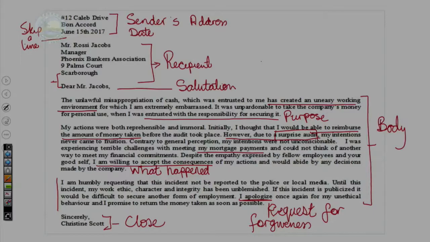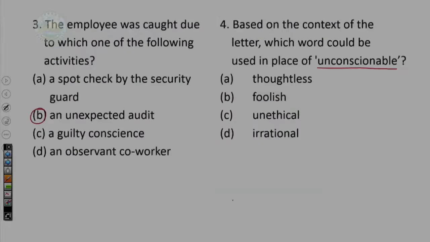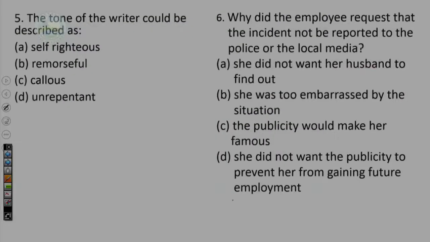Until this incident, my work ethic, character, and integrity has been unblemished. If this incident is publicized, it would be difficult to secure another form of employment. So why is it she requested that it not be reported to the police?